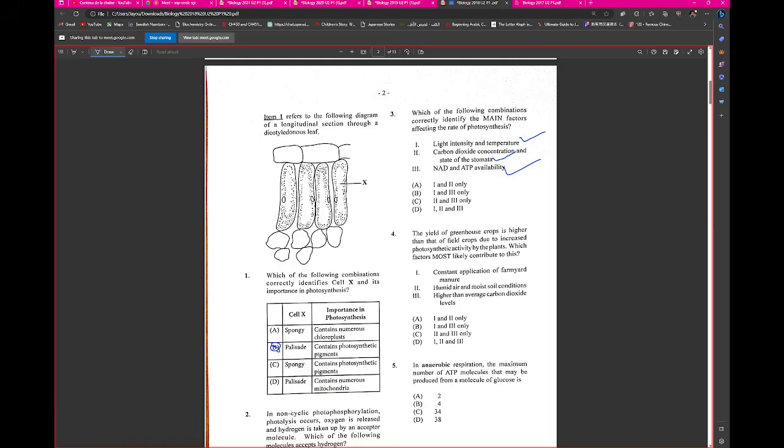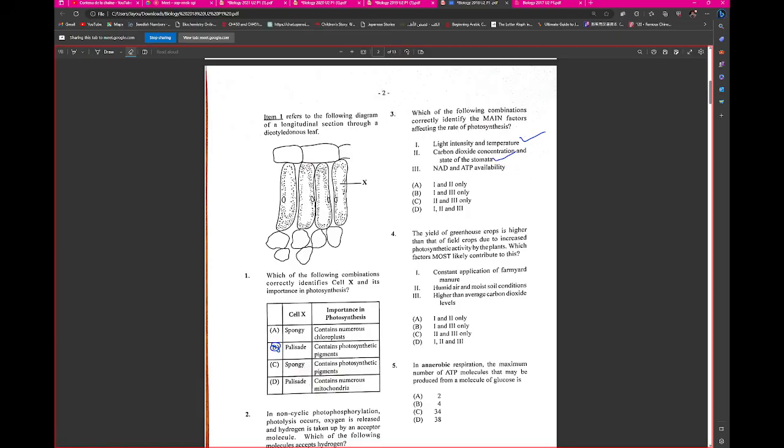Sir, wouldn't it be ADP available? Okay, so we know that the LDR has to happen before the Calvin cycle, therefore it's the LDR we're focusing on, right? More so than everything else, to be very honest.